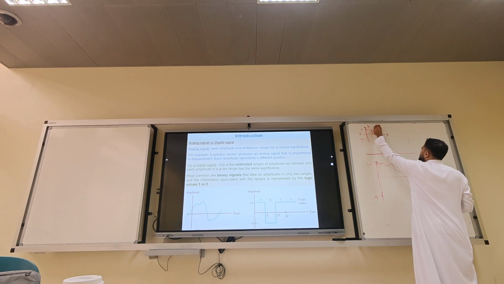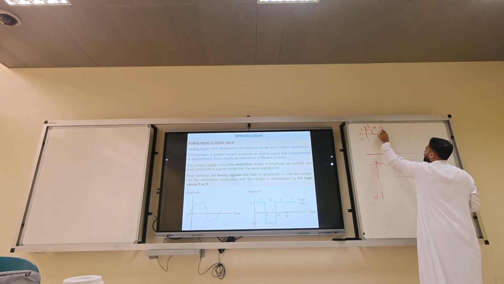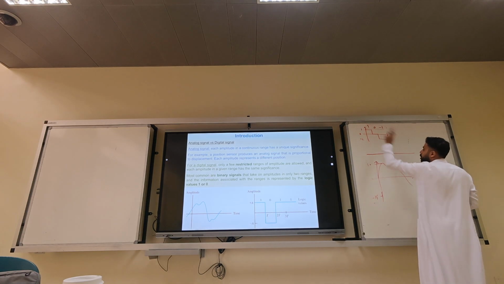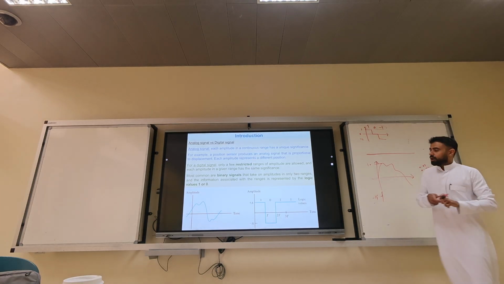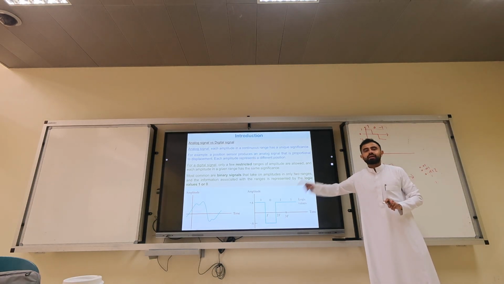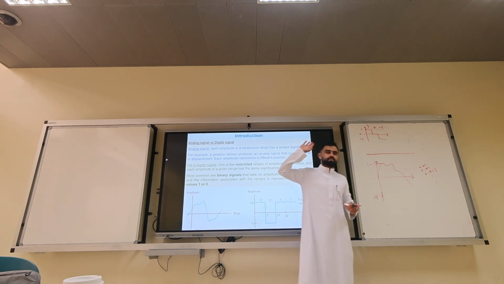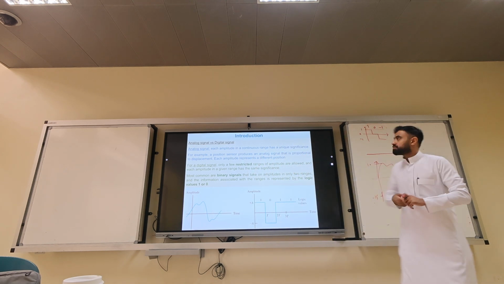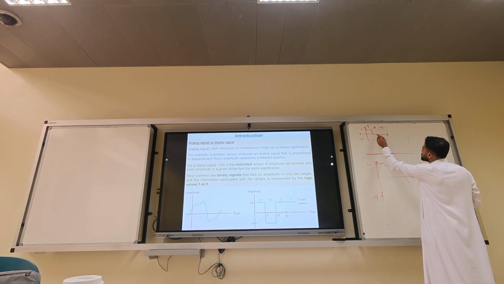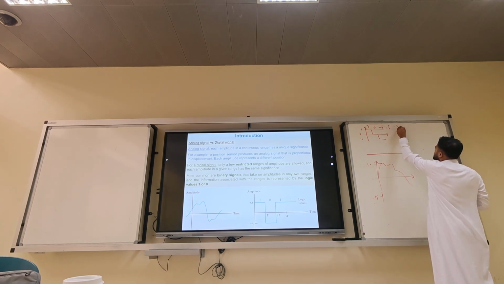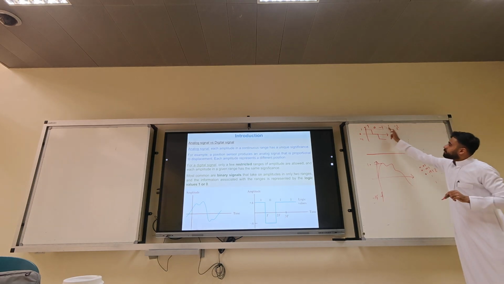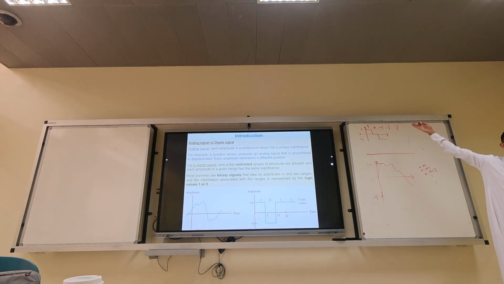Either 1, 0, minus 1. This is not binary. This language has 3 letters. How many letters does this language have? Two. How many letters does this one have? Infinite. It could come out with a language of 5. I could tell you I have half and minus half. Only one of those 5 values. This is still digital, but is it useful?